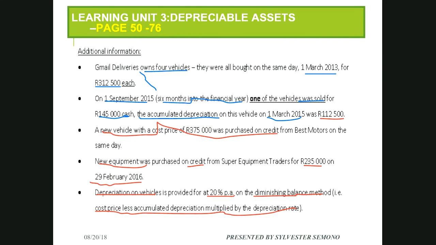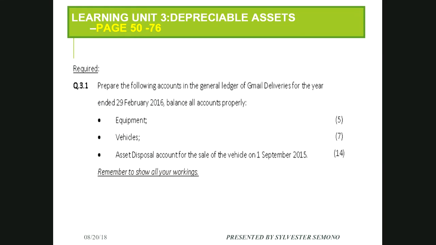So far we've got the information. Now, I want us to check the requirements. They are asking us for the general ledger. I think you're not surprised. You know the general ledger. And they're asking for equipment, vehicles, and asset disposal. Remember, this was just an assessment. But I want us to know how to deal with all the possible accounts.